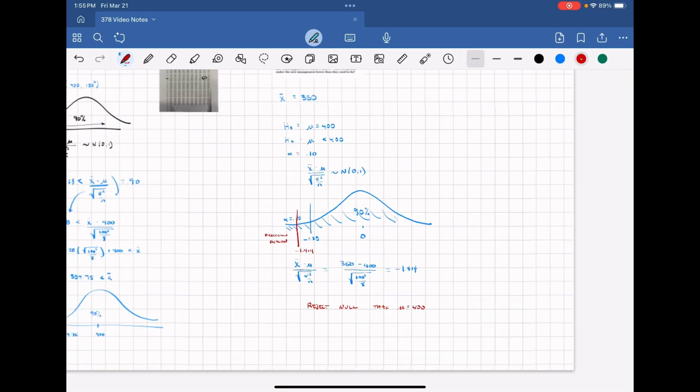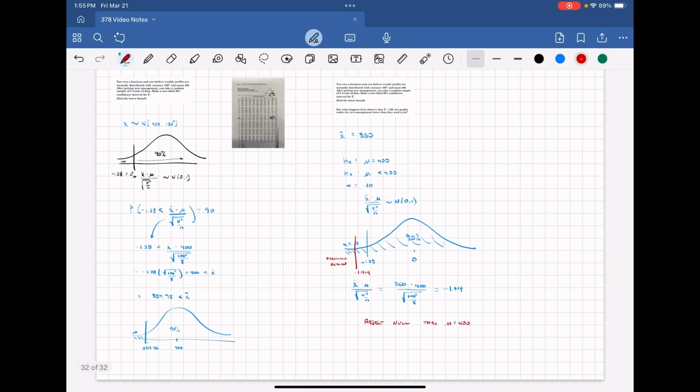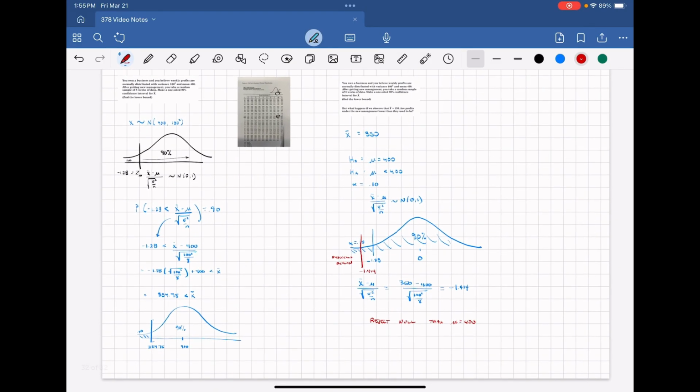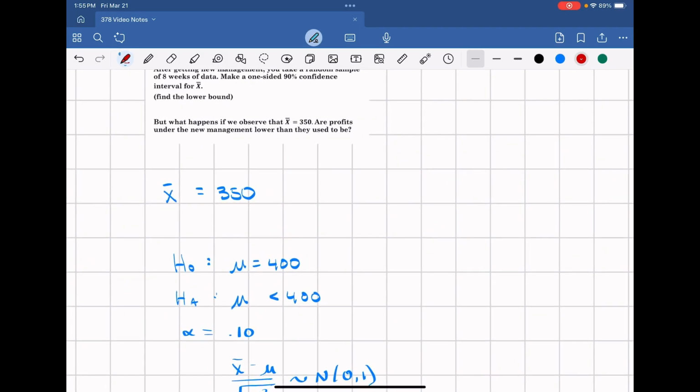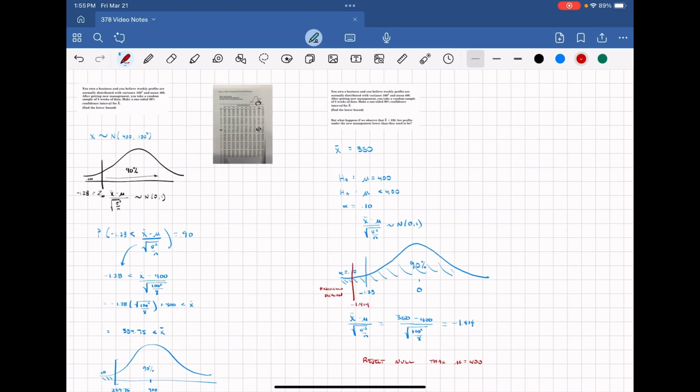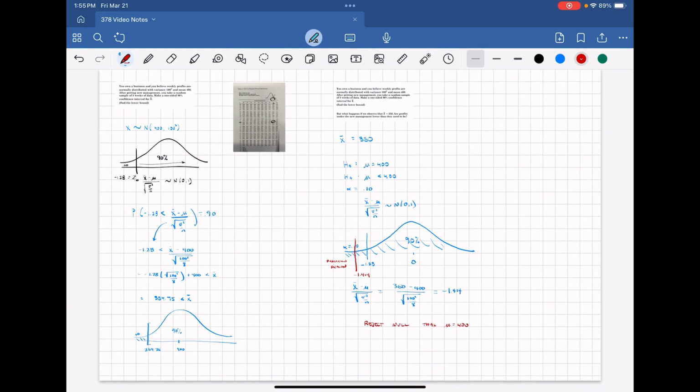In other words, similar to what we had with the confidence interval, if our X bar is 350, based on this distribution, are profits under the new management lower than they used to be? We can conclude that yes, we're 90% certain that the profits are statistically significantly lower than they used to be, or that they're less than 400.